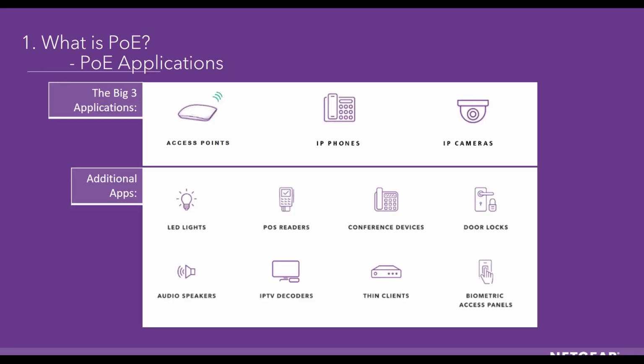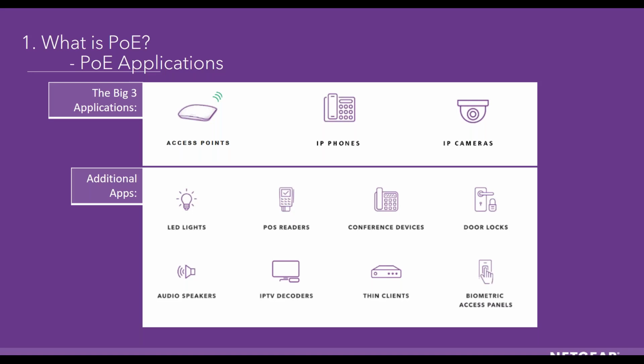This shows some very commonly used PoE applications in the business world today. The biggest three applications are access points, IP phones, and IP cameras. If you still remember from the previous slide, all of these three need up to 25.5 watts to power up, which makes the PoE Plus standard already enough for them.